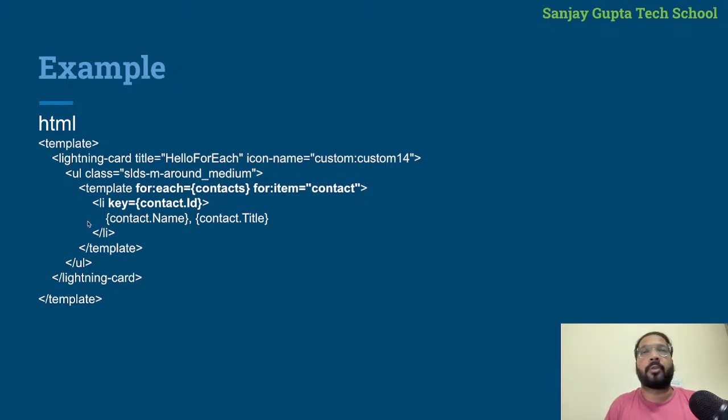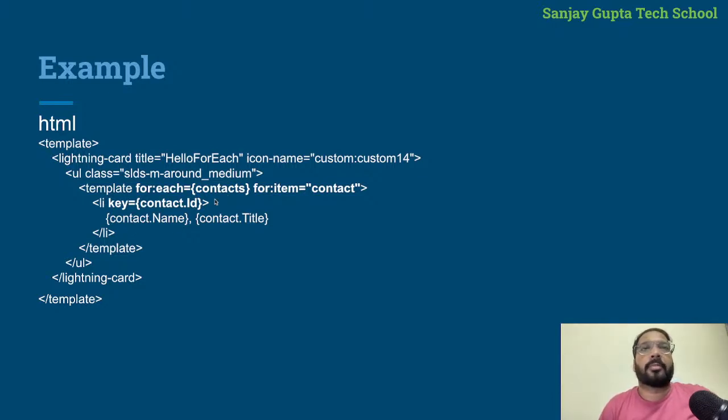And I hope you have gone through the HTML related video, because I already covered basic HTML, since you need to use those elements here. So unordered list, I hope you remember. Then we have the part as list item. Here we need to pass the key. We are passing contact ID as the key, and then contact name and contact title will be shown as a list item.